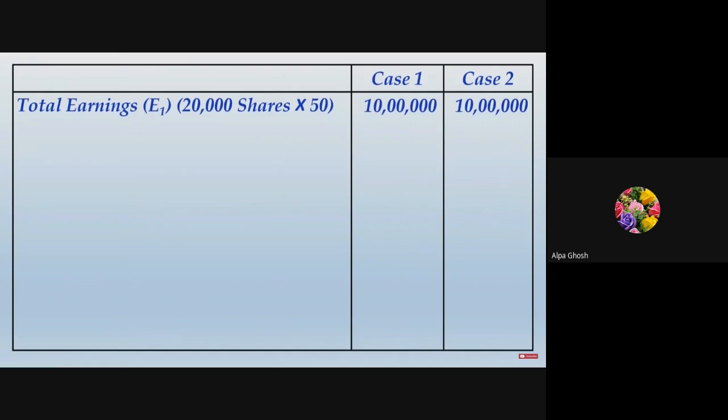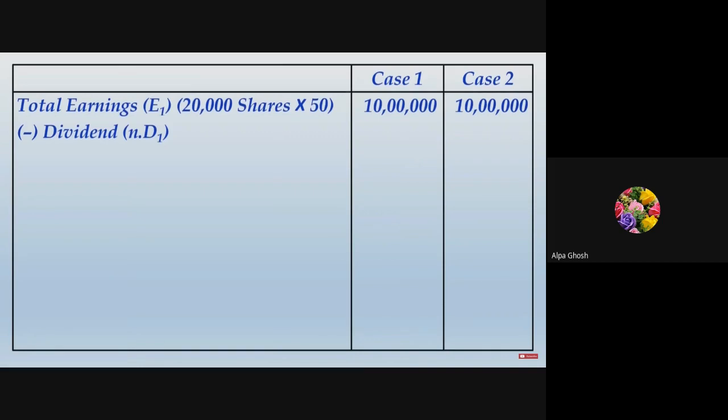Next thing, from total earnings, if I subtract dividend, please understand what I am doing. I am mentioning the variables within the brackets. E1 in the formula indicates expected total earnings, whereas D1 indicates dividend per share. So N into D1 will give you the total amount of dividend.